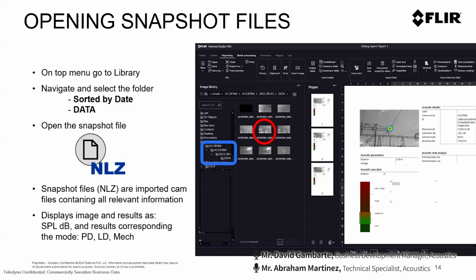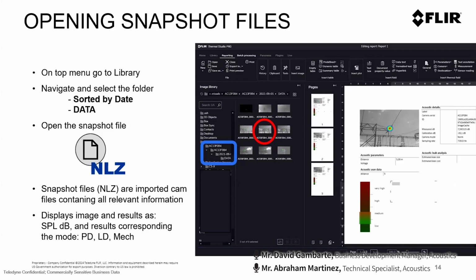You select the folder, and remember that when you select the model that you want to open the files from, they will be sorted by date of creation. You open that folder, and please choose the data folder. This is crucial because some of the cameras contain JPEG pictures. So we have to make the clear distinction that you must open the NLZ files.